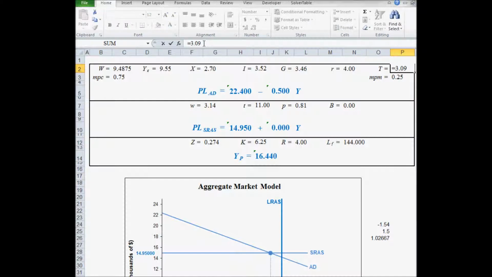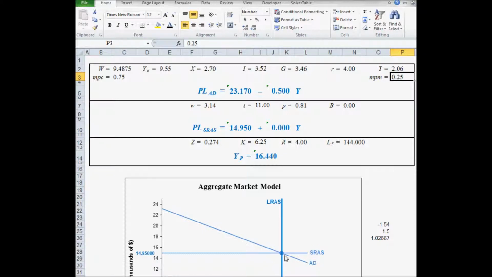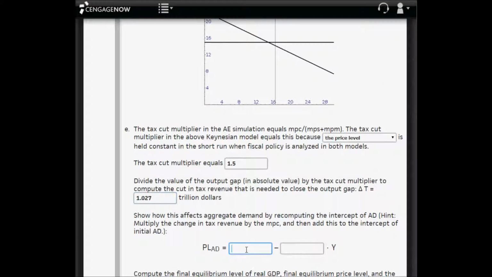So 3.09 is the initial level of tax revenue. I'm going to lower it by that value there. Notice the aggregate demand curve shifted to the point where long-run aggregate supply and short-run aggregate supply intersect. So the new aggregate demand curve intercept is 23.170. The slope is still 0.500.